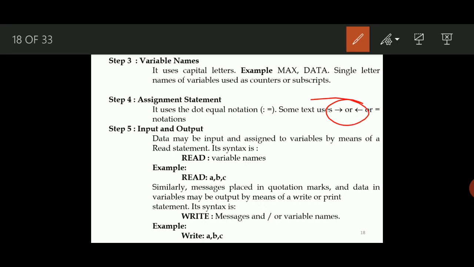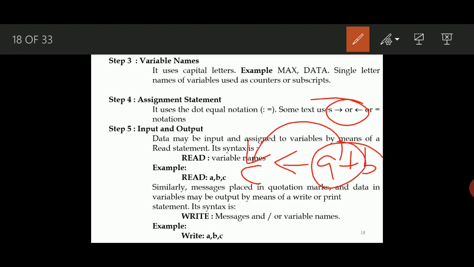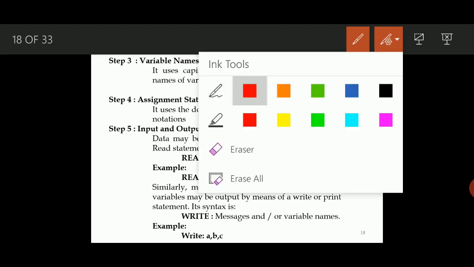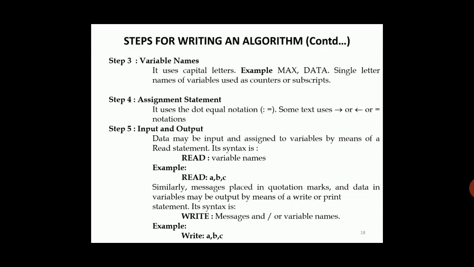Here, in a good algorithm, assignment uses an implies symbol. That means if two values are assigned, a plus b is assigned to c. That means we assign the value of a plus b to c. This is the assignment statement.